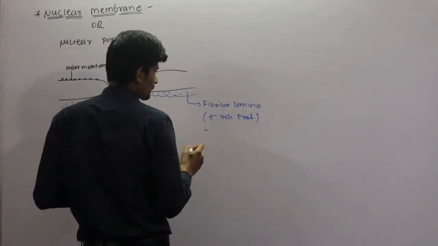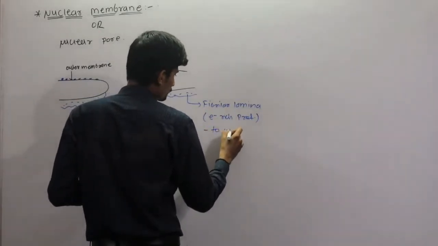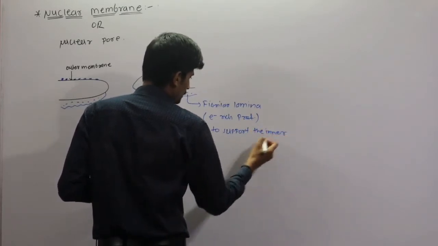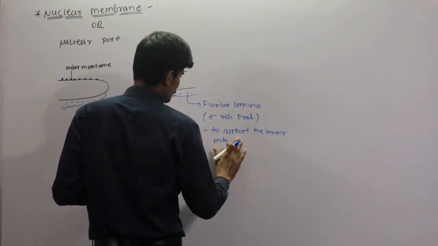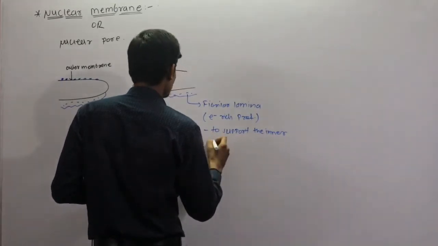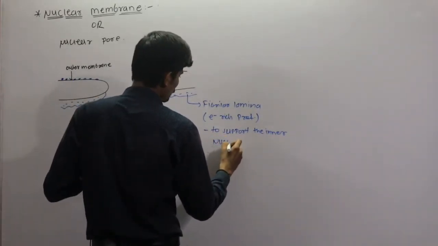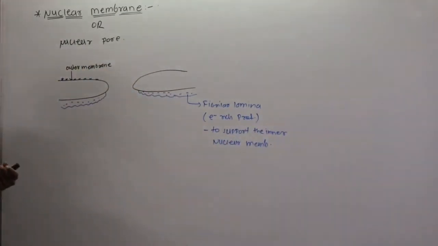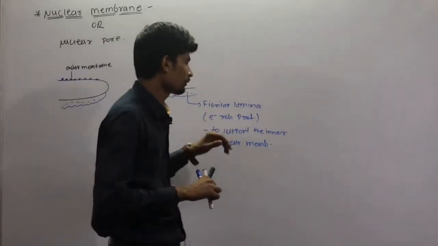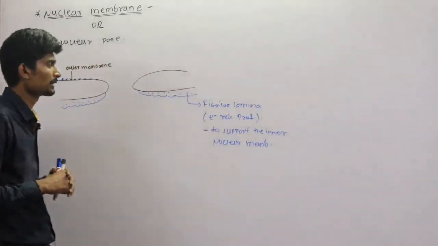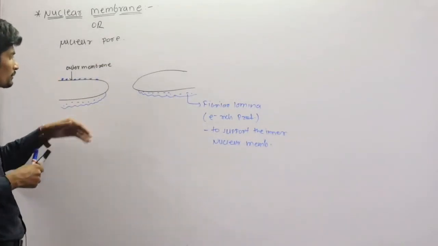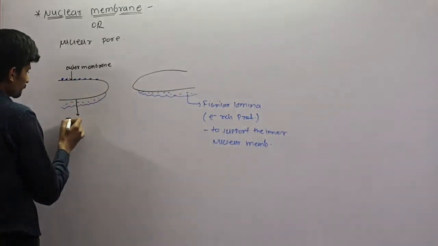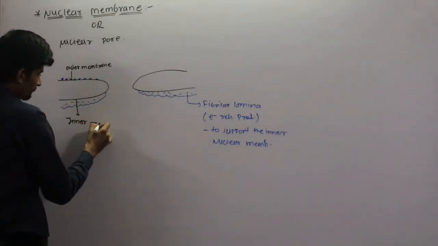The function of the fibrillar lamina is to support the inner nuclear membrane. So this is the function of the fibrillar lamina, which is made up of electron rich proteins: to support the inner nuclear membrane, which is present inner to the inner nuclear membrane. So this one is the inner membrane.